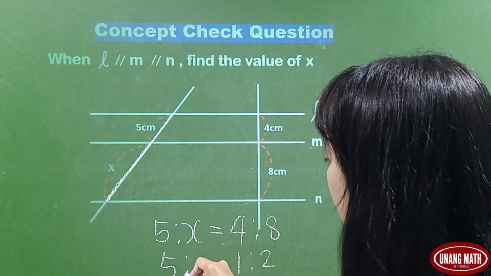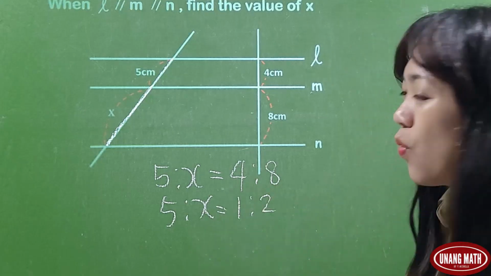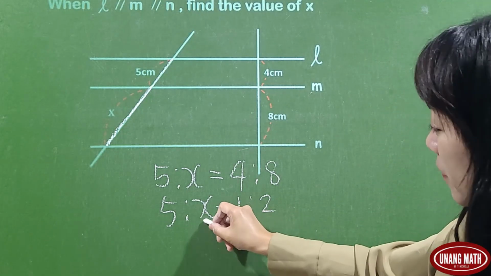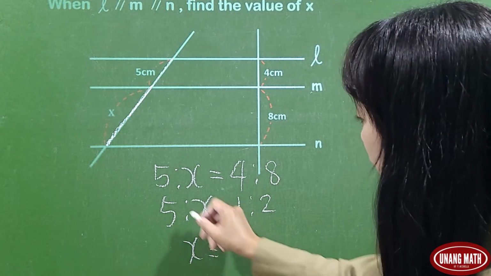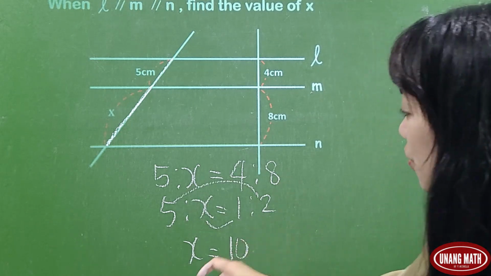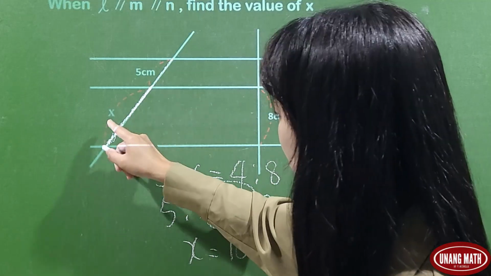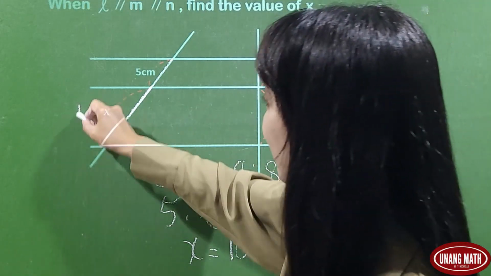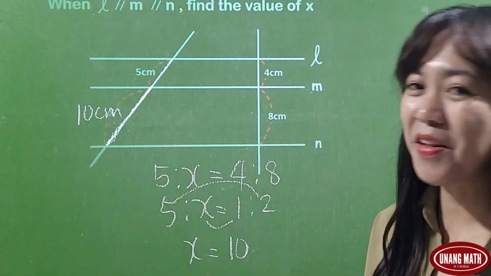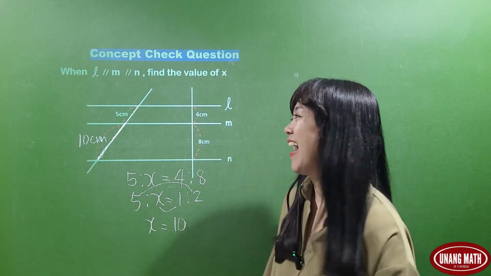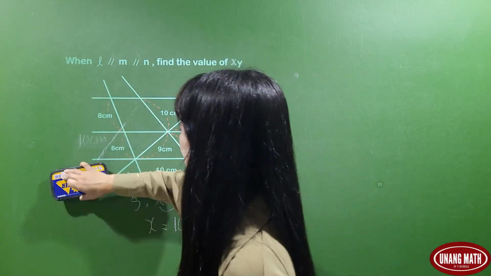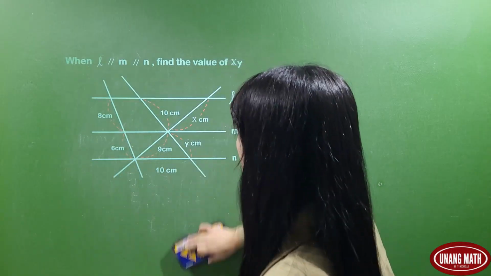So we have 5 is to x is equal to 1 is to 2. Okay, let's solve. This is now x. And 5 times 2 is 10. So it means the length of this segment, or the value of x, is 10 centimeters.